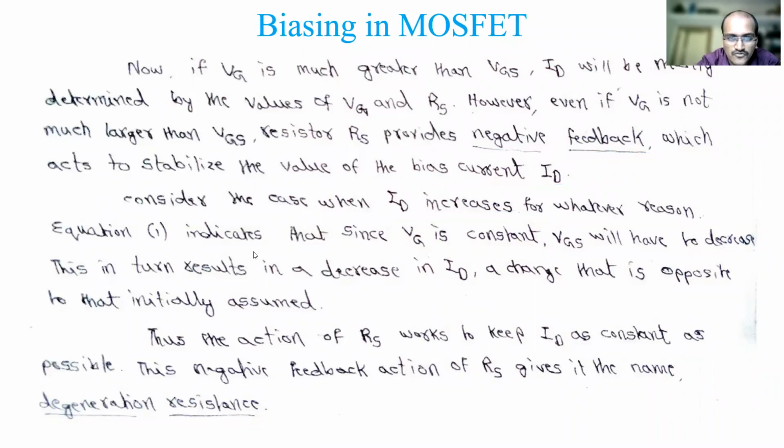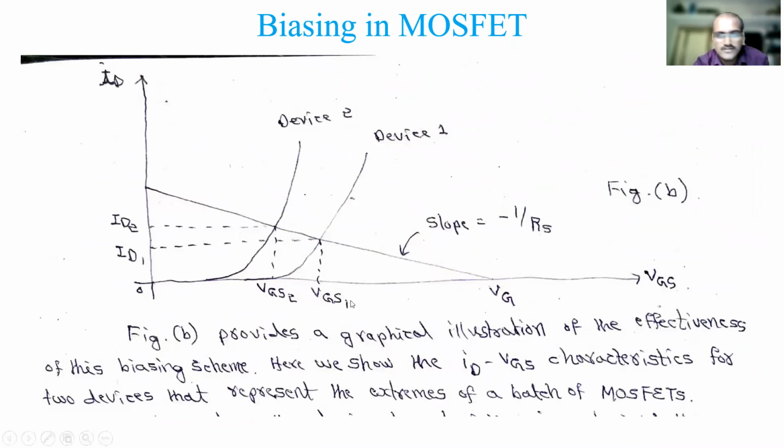Now we will show it with the picture. Same characteristic curve, with the same two MOSFETs we have taken. We have drawn the characteristics and now we have drawn the equation. This is the VG value on the x-axis, VGS is the x-axis term, and VG by RS is on the y-axis. The slope is -1 by RS, from that equation.